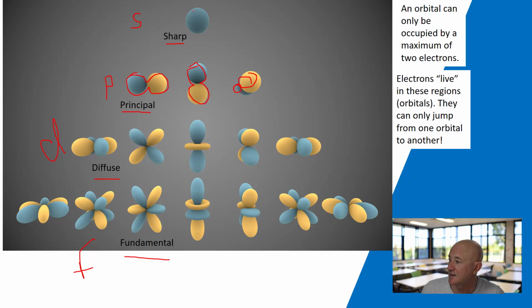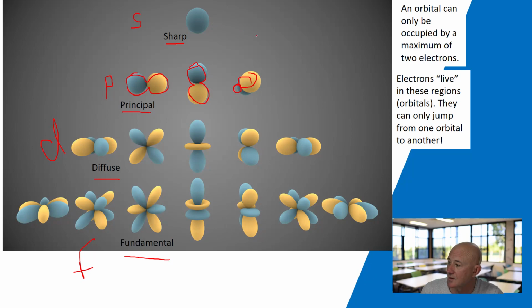So in this S orbital here, you can have 2 electrons. In this P orbital here, you can have 2. In this one, 2. In this one, 2. In this orbital here, 2, 2, 2, etc. Okay, the significance of that will be apparent in a minute.